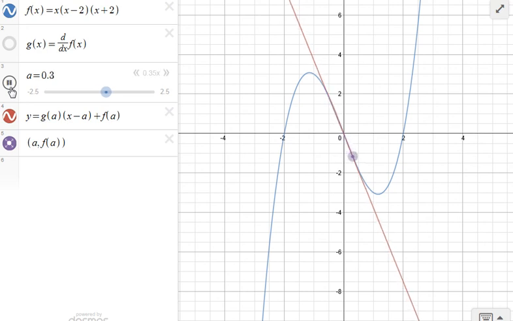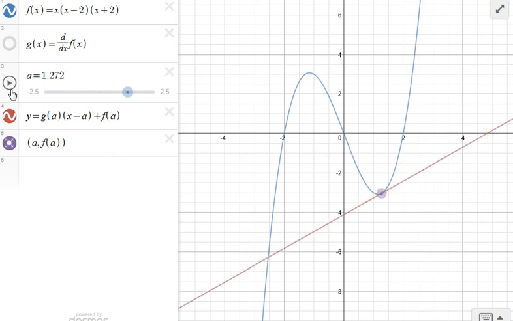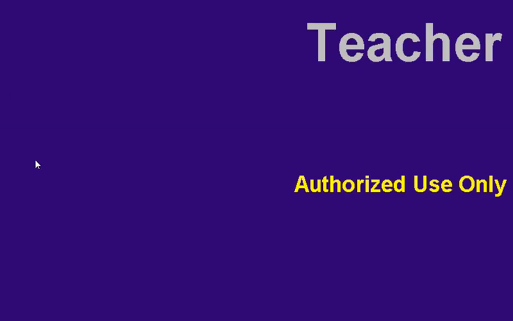Right now, the slope is about 0. Here, it's not very steep at all, and now it's steeper, steeper, steeper. The slope of the graph is increasing. The slope of the tangent line is increasing. Okay, so that's the technical way to understand that.